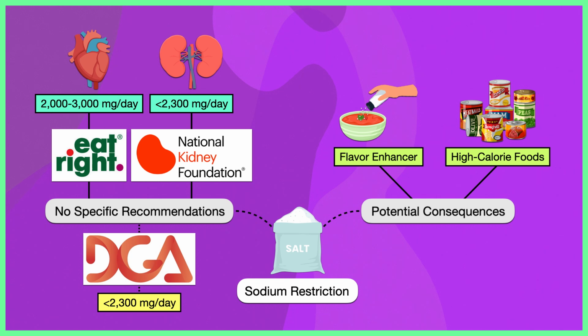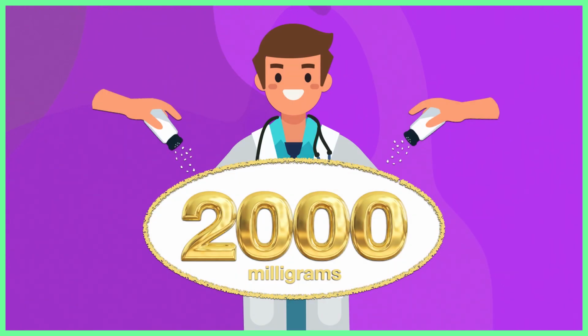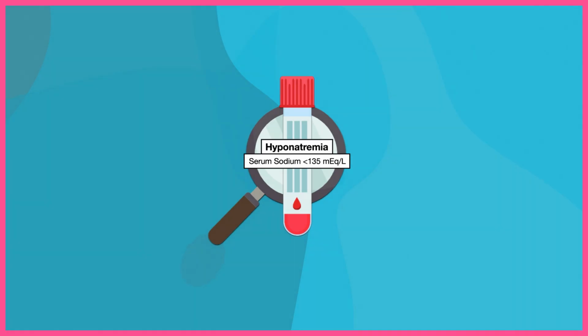Notably, these recommendations hardly deviate from the Dietary Guidelines for Americans, which recommends less than 2,300 milligrams per day for healthy adults. So, while many papers cite the sodium restriction, it's prudent to conclude that somewhere in the 2,000 milligrams per day range is appropriate.